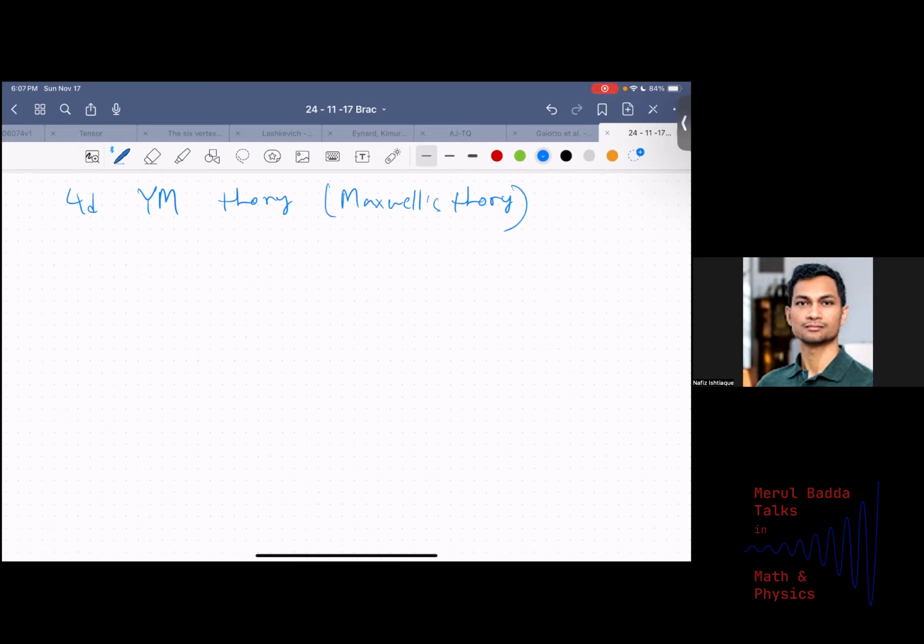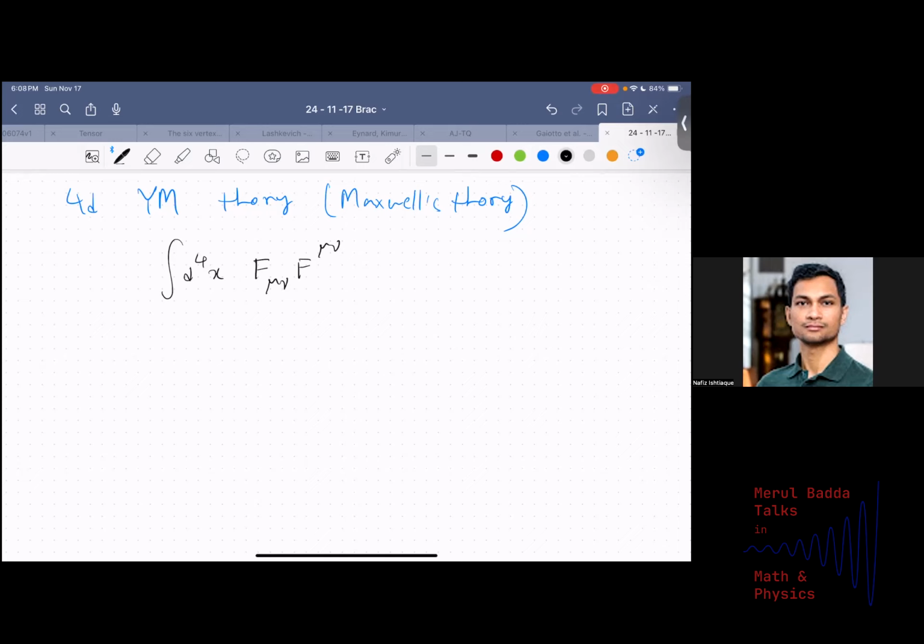And so what is the Lagrangian formulation of this theory? You write down a four-dimensional action, d^4x, and the curvature, something like this, right? You're all familiar with this Lagrangian?